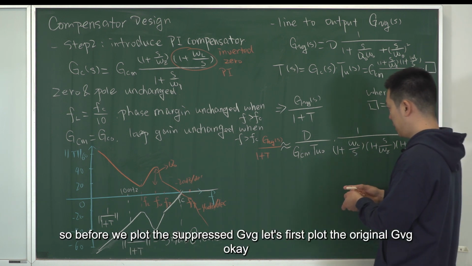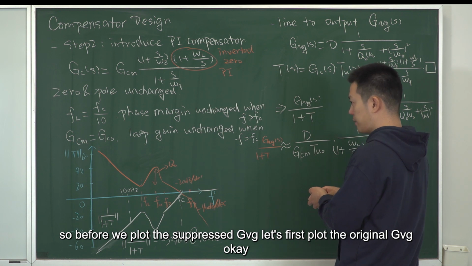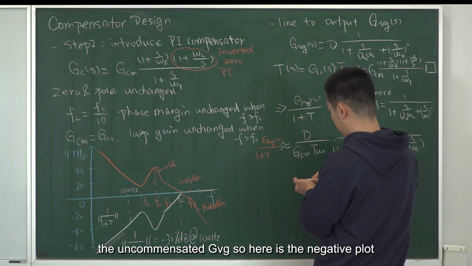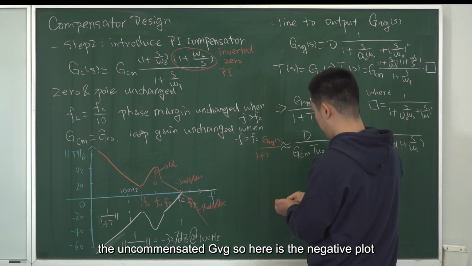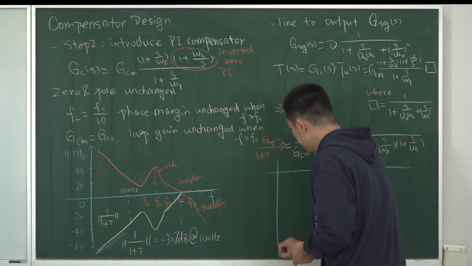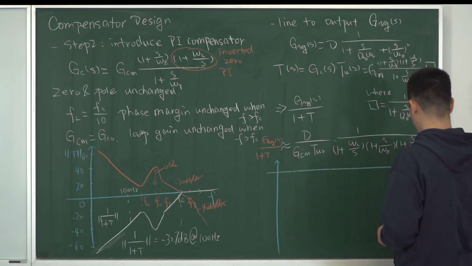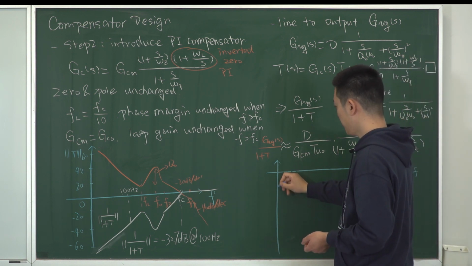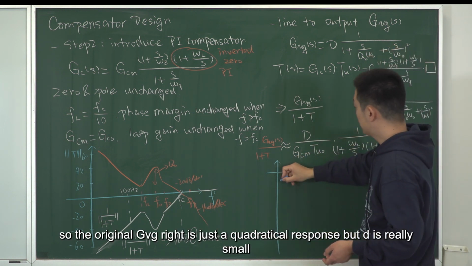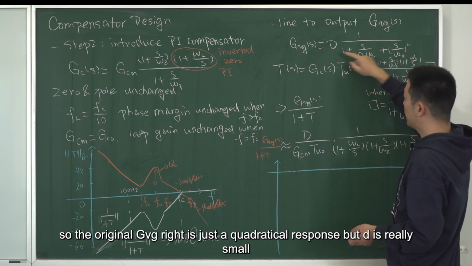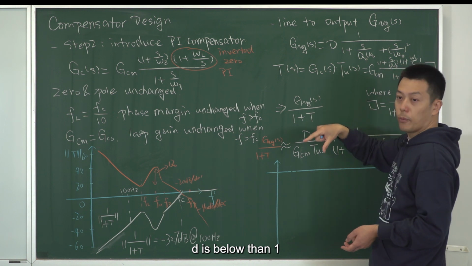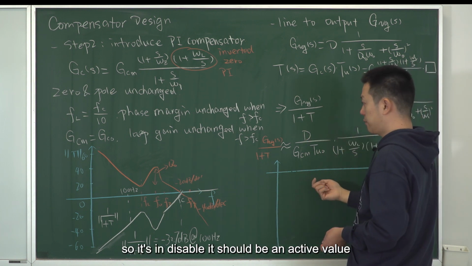So before we plot the suppressed Gvg, let's first plot the original, uncompensated Gvg. So here is the magnitude plot. The original Gvg is just a quadratic pole response, but D is really small, below 1, so in decibels it should be a negative value.